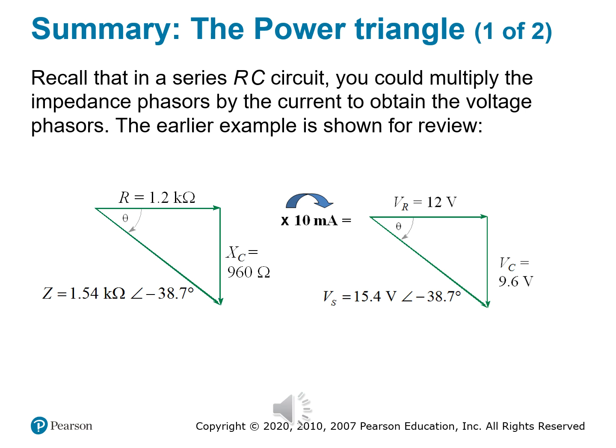That's 9.6 volts, which is the other leg of the triangle. And then we can do the total voltage phasor, V sub S, equal to I times Z, which is 10 milliamps times 1.54 kilohms, and we get 15.4 volts at negative 38.7 degrees. Now notice how the shape of the triangle stays the same, but it's just scaled by the current.